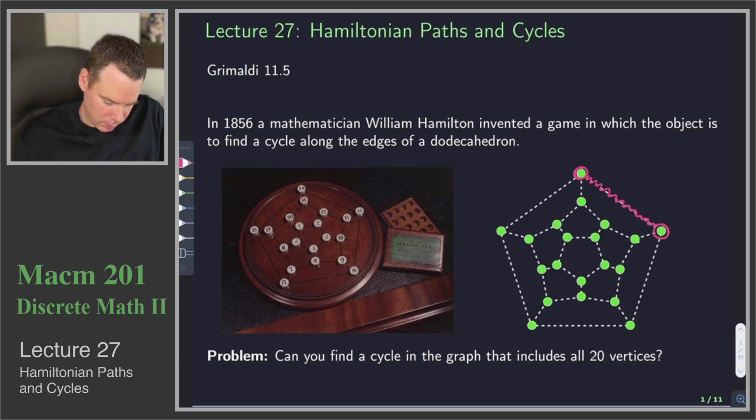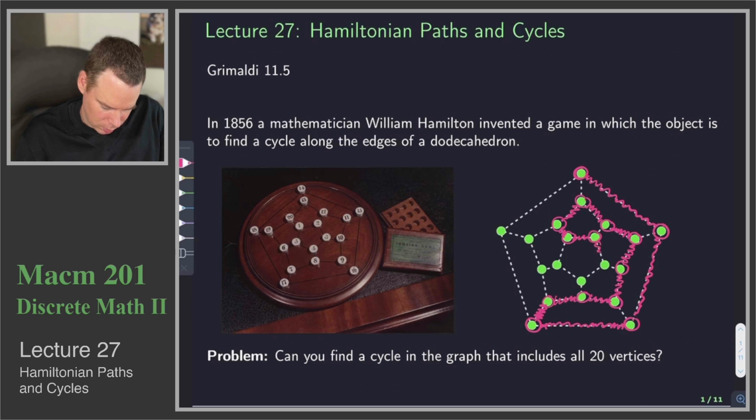So we'll go along that edge to here. What I'm going to try to do is just go along the outside as far as I can. Now I'm going to go inside and visit some of the vertices. And I'm just trying to stay to the boundary, the outermost vertices, as much as I can until I have to pop in.